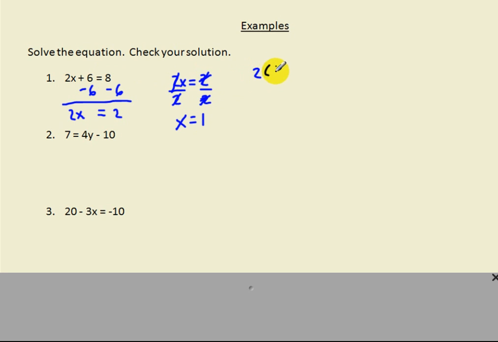So we're looking at 2 times 1 plus 6, and we want to know, does that equal 8? Well, 2 times 1, and now notice we're back to our normal order of operations. Multiplication first, then addition. So 2 plus 6, and 2 plus 6 is indeed 8, so that checks.